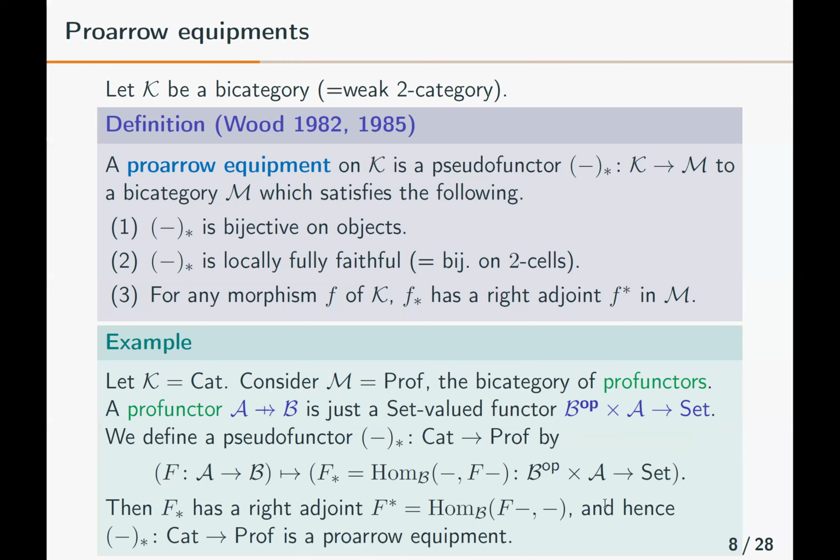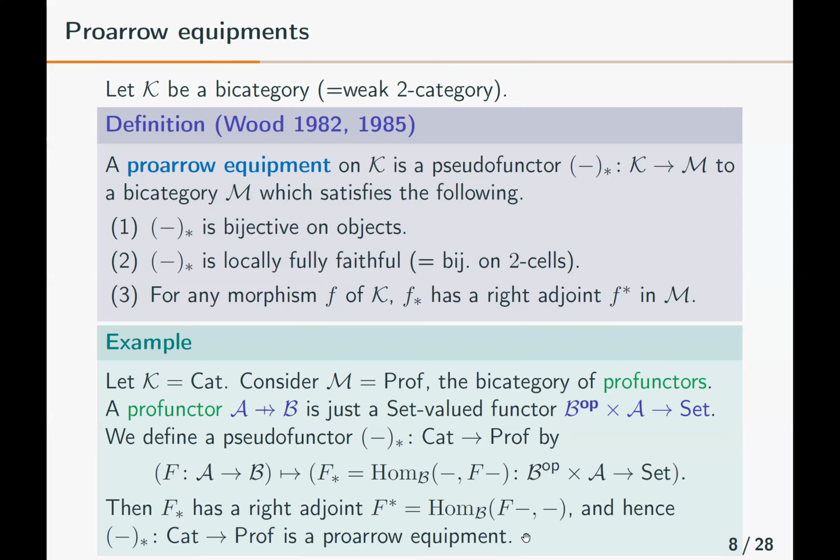This assignment defines a pseudofunctor (-)_* from Cat to Prof. Moreover, this F lower asterisk has a right adjoint given by F upper asterisk, that is, Hom(F-, -). So this pseudofunctor is a proarrow equipment on Cat.